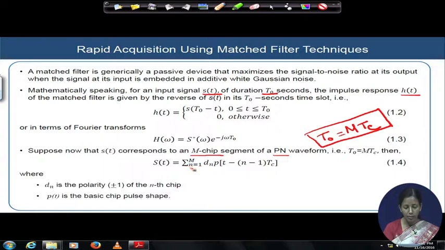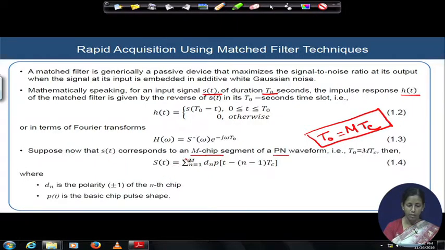The signal is written as equation 1.4, where Dn is the polarity of each chip and can take a value of plus or minus 1. p(t) is the basic chip waveform, and (n minus 1) times Tc is the delay of each chip with respect to the first chip.